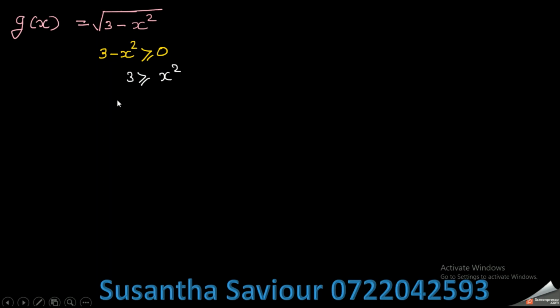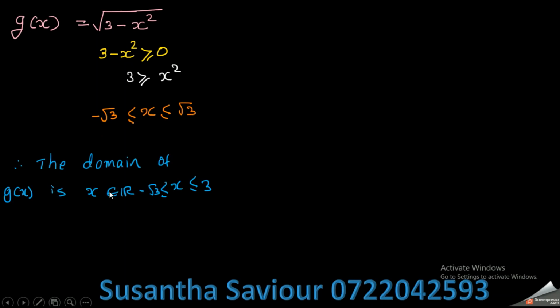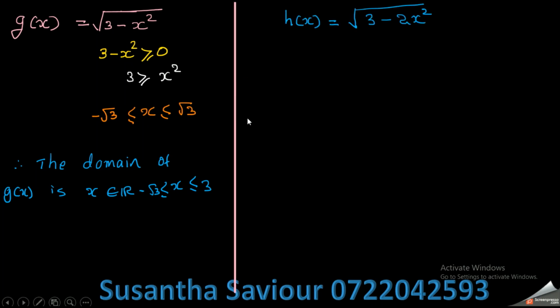And again we can apply the same principle as we did earlier and say x is in between minus root 3 and plus root 3. Therefore the domain of our function is x belongs to R and x is in between minus root 3 and plus root 3. We will see some more examples.